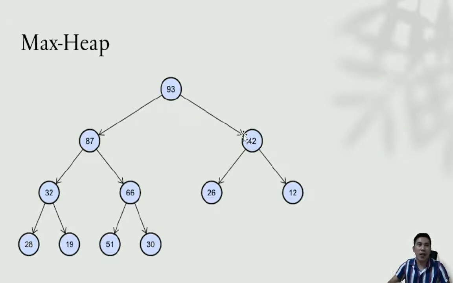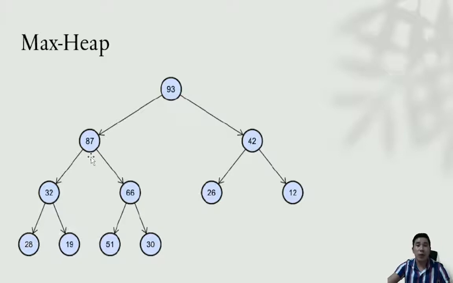Unlike a binary search tree, where all the nodes in the left subtree should be less than the root node, and the root node should be less than the right subtree, in a max heap the root or the parent node should be greater than its children. So you have 93, which is greater than its children, 87 and 42.